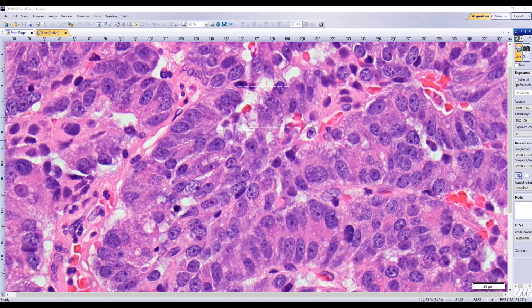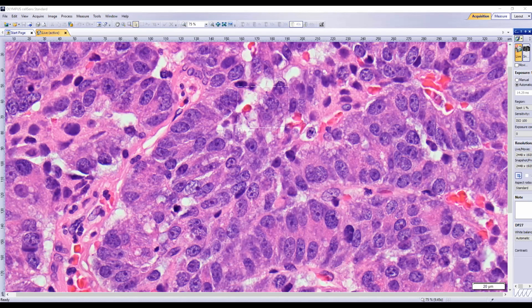Any thoughts? It makes me think about hepatocytes. Oh, hepatocytes? Yeah, prominent nucleoli, trabeculae.